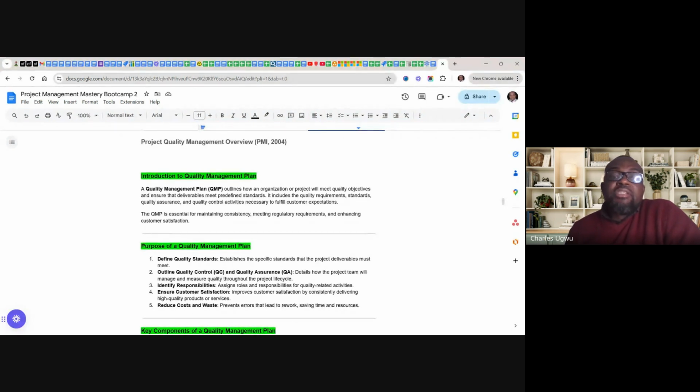So let's understand, what is this quality management plan? A quality management plan outlines how an organization or project will meet quality objectives and ensure that deliverables meet predefined standards. It indicates the quality requirements, standards, quality assurance, and quality control activities necessary to fulfill customer or user expectations.